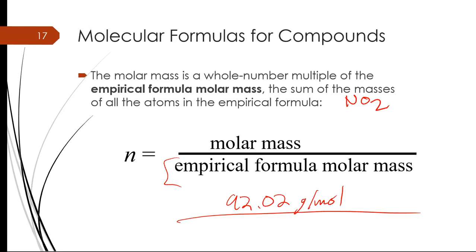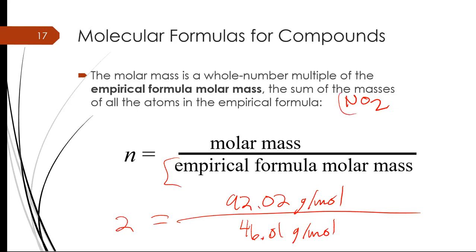Now that empirical formula mass would be 14.01 plus 2 times 16.00, so 46.01 grams per mole. And so this gives me a ratio of 2. So my n is 2.